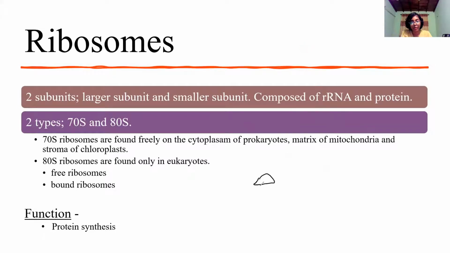If this is the small subunit and this is the large subunit, in between here comes an mRNA strand, and then this information can be coded and tRNA carries the specific amino acid, and that's how the protein is synthesized. Maybe that's not necessary now, it's just so that you can understand what's happening. So for protein synthesis, we need these ribosomes.